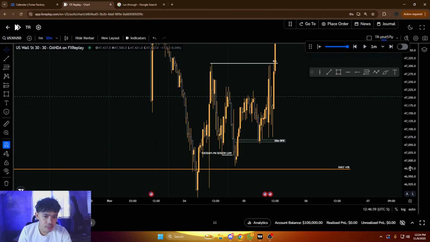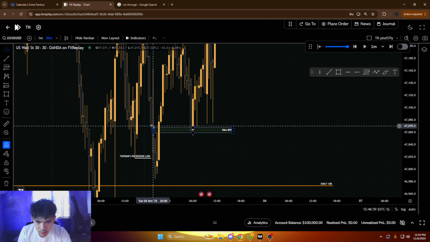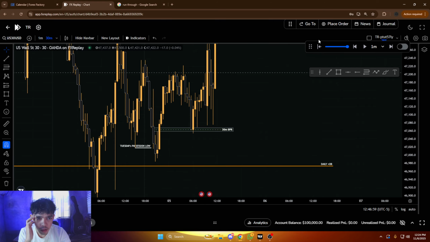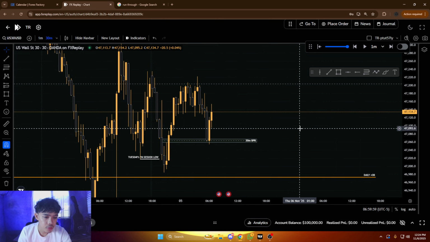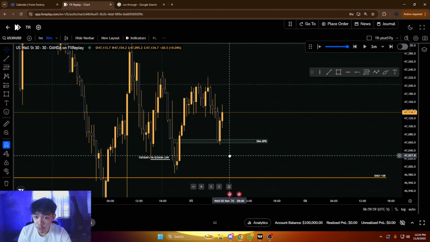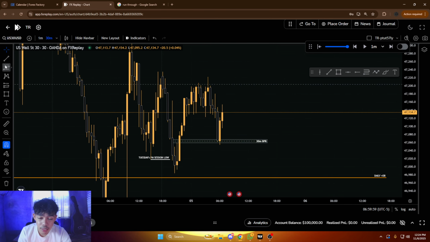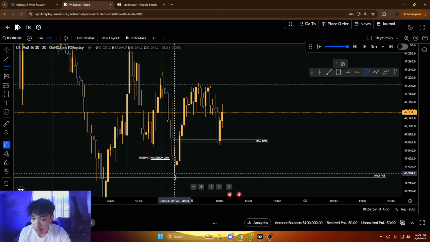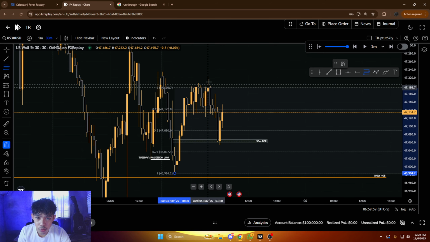What I learned from this is, if we have a very deep PD array, no? If you have a very, very deep na PD array, right there. Very, very deep PD array. Why? Because this 30 minutes BPR is really in the discount area. Lagay tayo ng Fibonacci retracement tool.